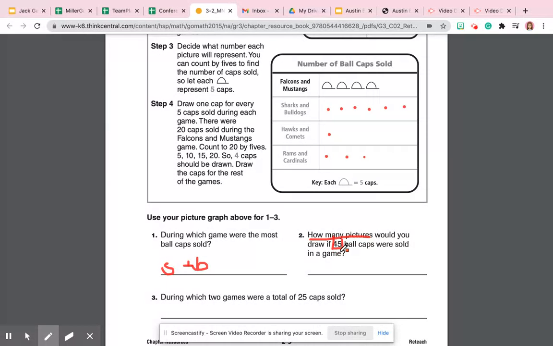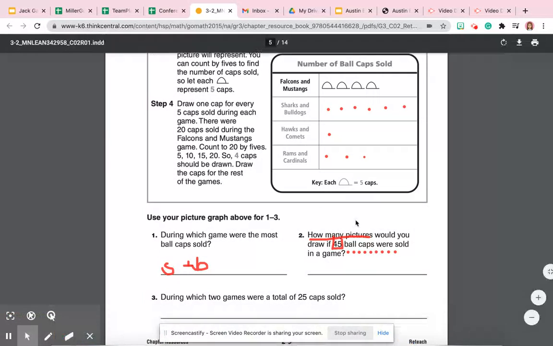So don't do anything yet and just count with me. Let's count by fives. 5, 10, 15, 20, 25, 30, 35, 40, 45. Did I reach our magic number? Yes, I did. So we need to count now the number of dots that we drew.